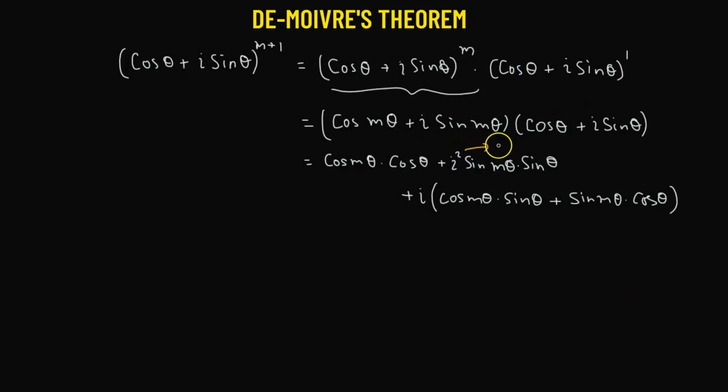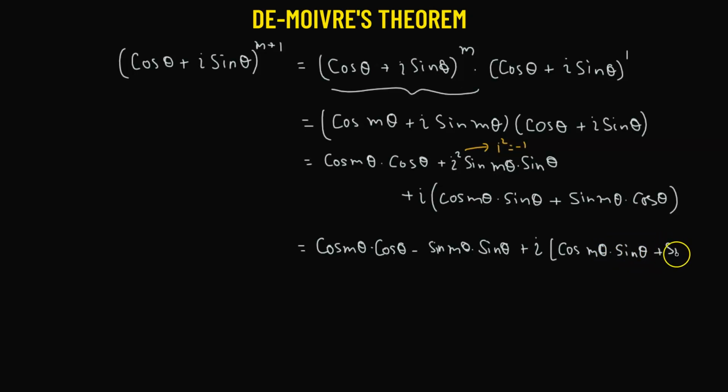So this iota squared, this value is -1, so we can replace it with -1, and this is going to give us cosine of m theta times cosine of theta minus sine of m theta times sine theta plus iota times cosine of m theta times sine theta plus sine m theta times cosine theta.